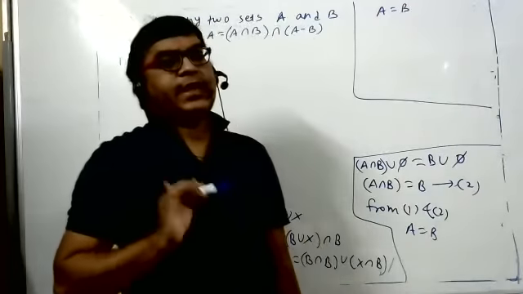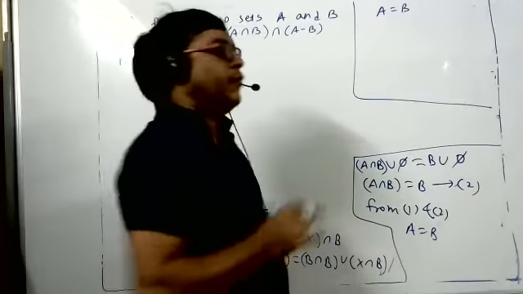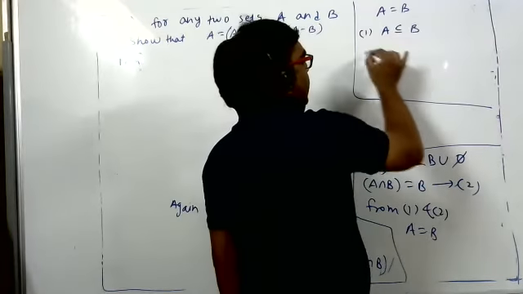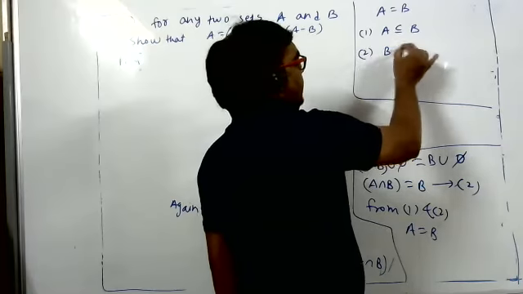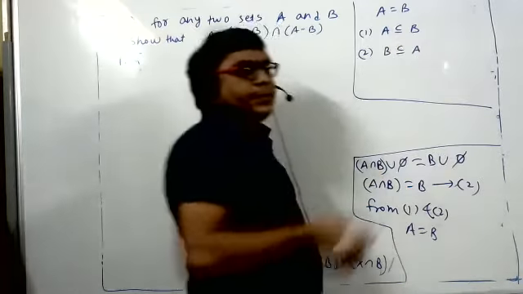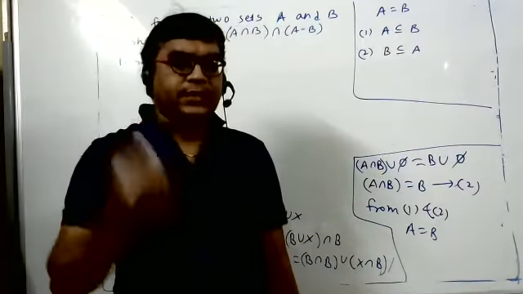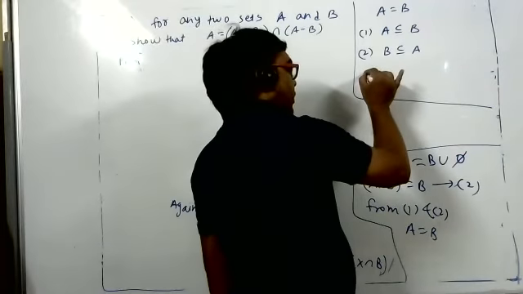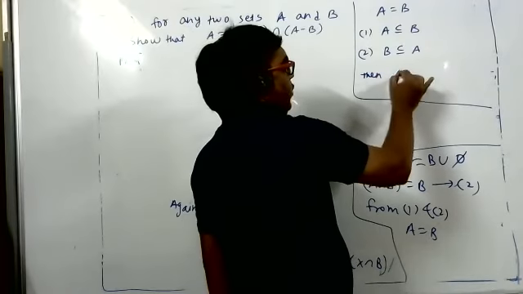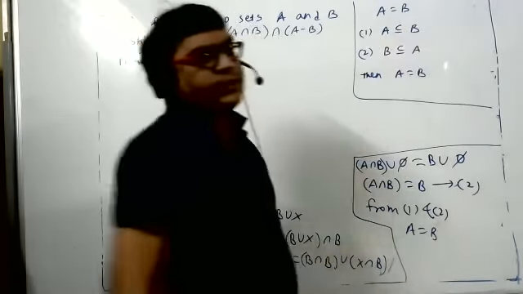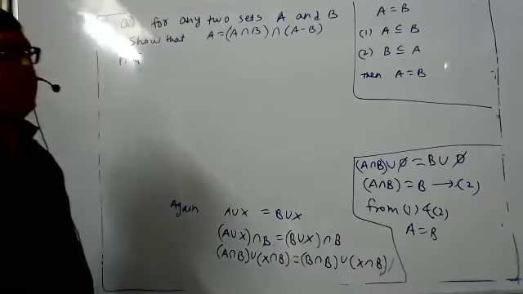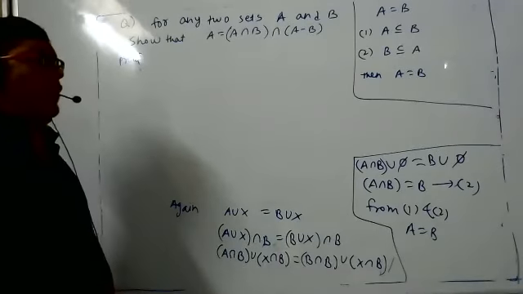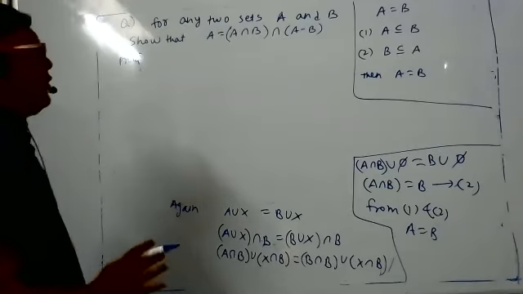First, you have to prove A is a subset of B. Second, you have to prove B is a subset of A. Then you are 100% sure A is equal to B, you can conclude.